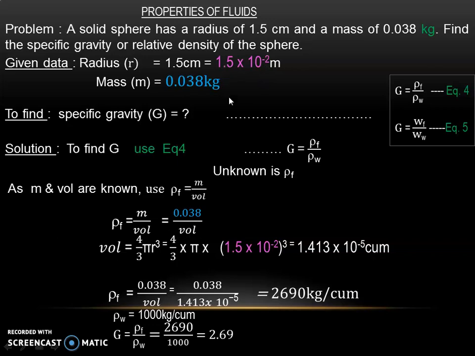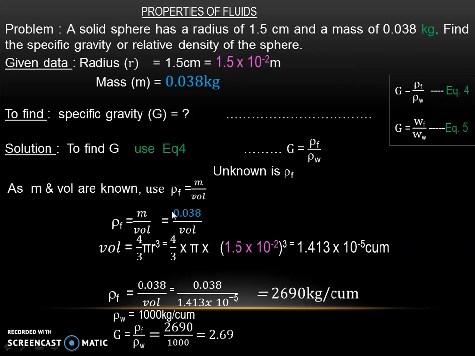Volume we will be able to find since radius is given and it is a solid sphere. So volume is equal to 4 by 3 pi r cube. So 4 by 3 into pi as it is, and radius is 1.5 into 10 raised to minus 2, whole raised to 3. So we get volume as 1.413 into 10 raised to minus 5 cubic meter.